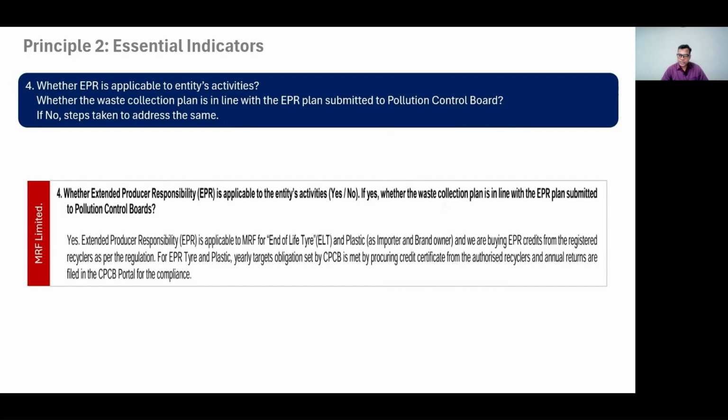And what MRF is doing is they are buying EPR credits from registered recyclers as per the regulation. For EPR tire and plastic, yearly targets obligation set by the Central Pollution Control Board is met by procuring credit certificate from the authorized recyclers, and annual returns are filed in the CPCB portal for compliance.